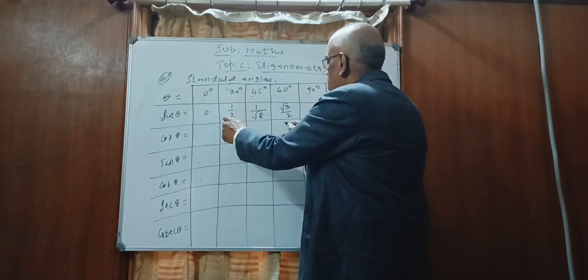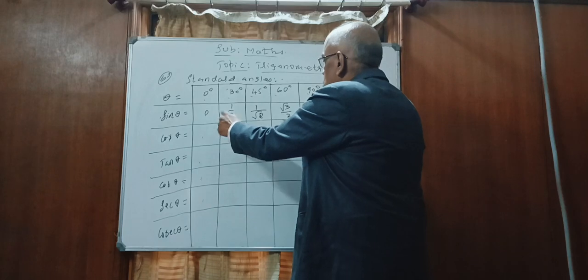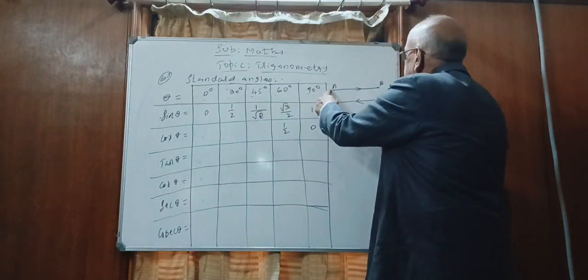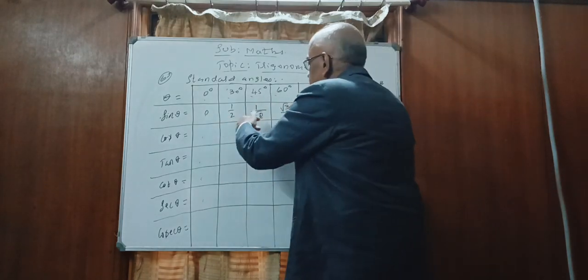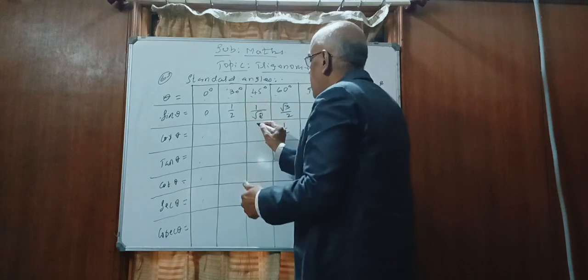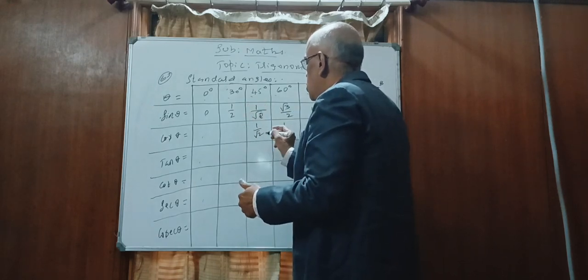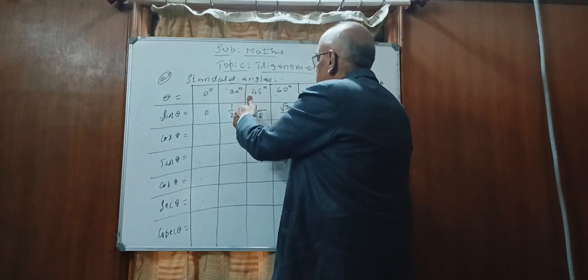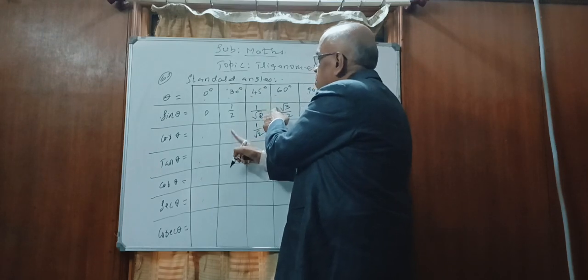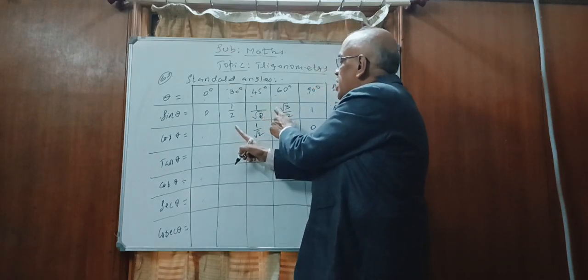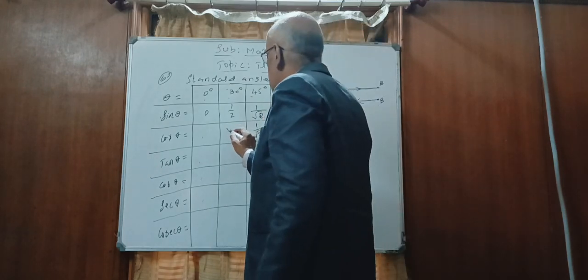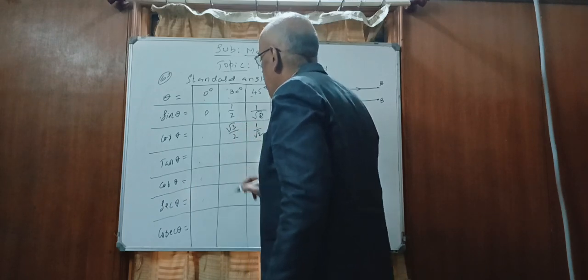What is cos 60? 1 by 2. Two buses are moving in opposite directions. At one point of time, they meet each other. Yes or no? What is this? 1 by root 2. Then the bus will continue its journey. Cos 30 is equal to sin 60. What is that? Root 3 by 2.